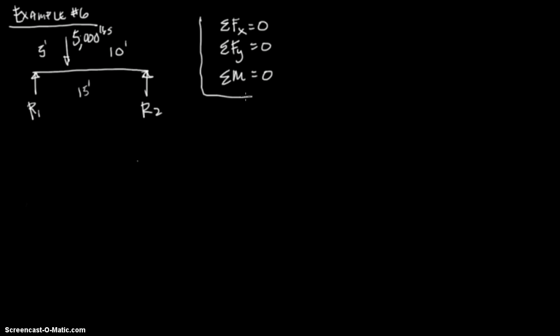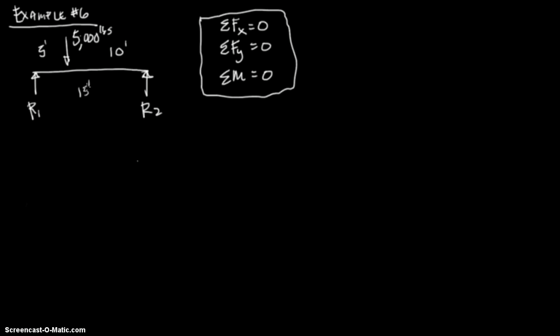So you look at these and you're like, okay, I need to isolate one of these. How can I isolate one of these? Well, x direction, we don't have any force in x direction, so that ain't going to be it. And then you look at the y direction. Well, you have two forces in the y direction that are unknowns. So you can't really isolate one unknown. So it's probably going to be the sum of the moments about a point.